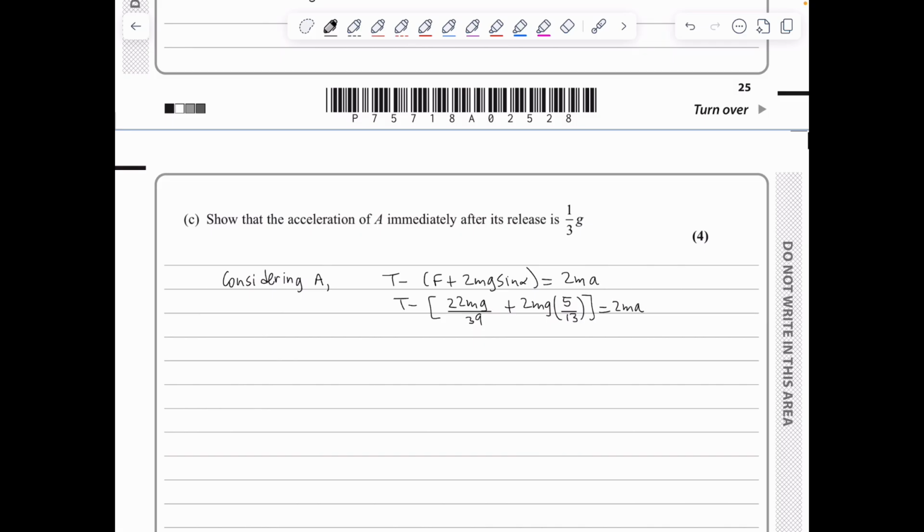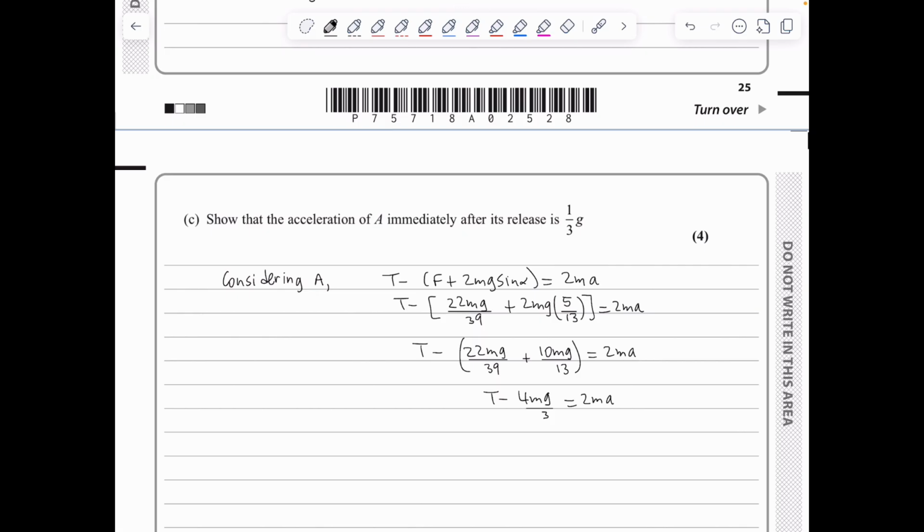So we're looking at capital T minus (22mg/39 plus 10mg/13). These two are in brackets, is equal to 2ma, and therefore we've got that capital T minus 4mg/3 is equal to 2ma.